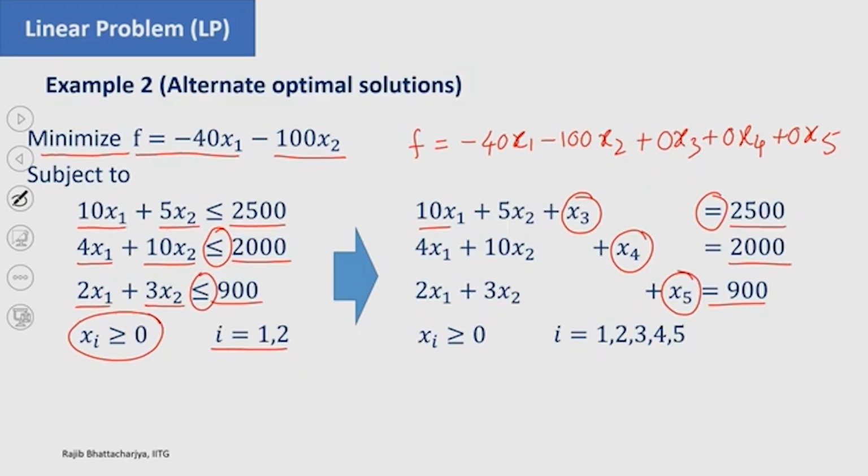If I consider x 1 and x 2 as non basic variables, they will be equal to 0, and x 3, x 4 and x 5 are basic variables. So, the initial basic feasible solution is x 3 equal to 2500, x 4 equal to 2000 and x 5 equal to 900, and the objective function value is f equal to 0. Okay. So, that is the initial solution I can have.